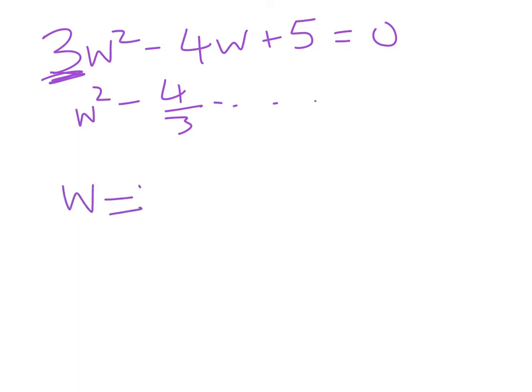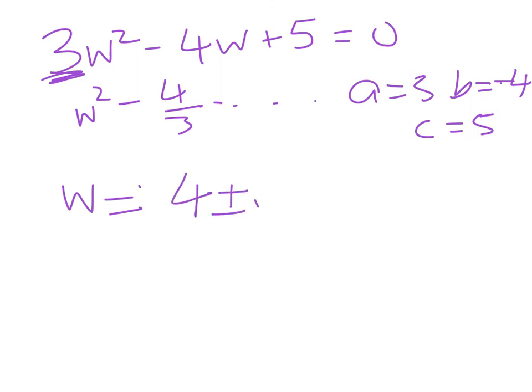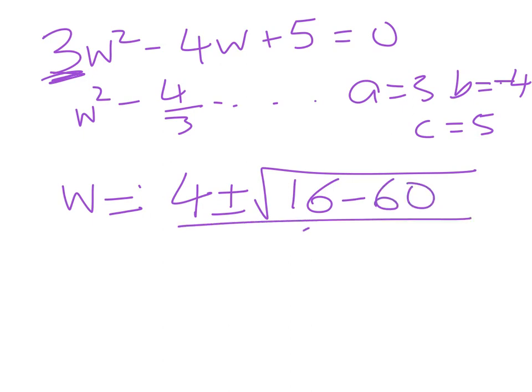So w equals, so a is 3, b is negative 4, and c is 5. So w will be 4 plus or minus the square root of 16 minus 60 divided by 6.